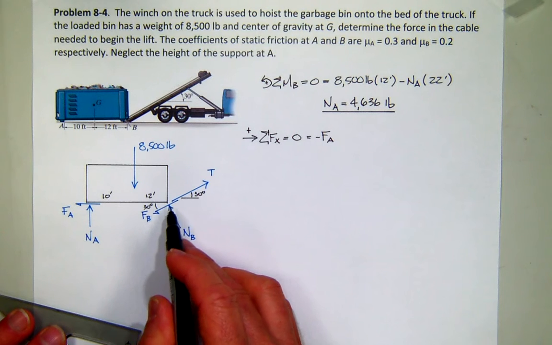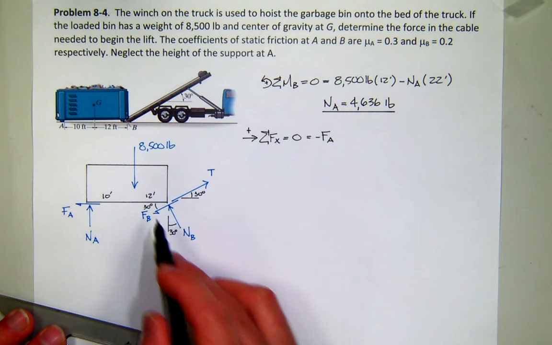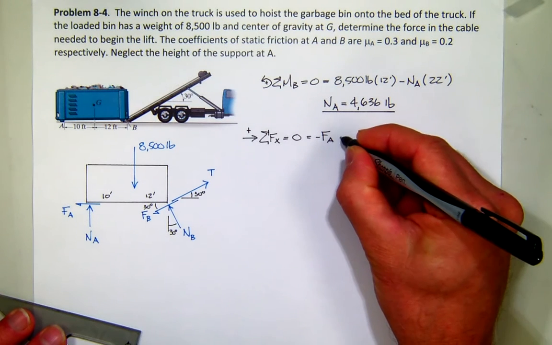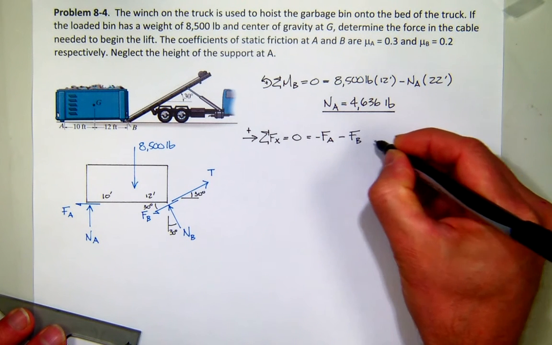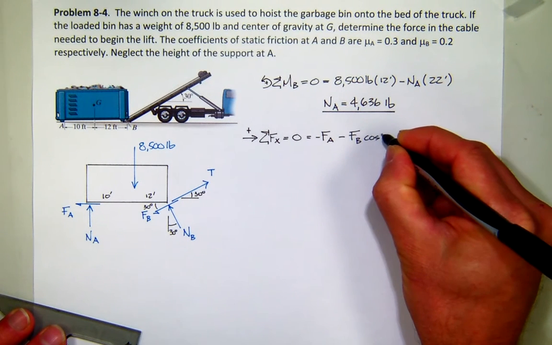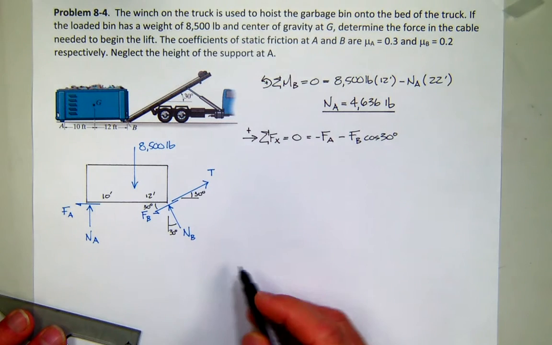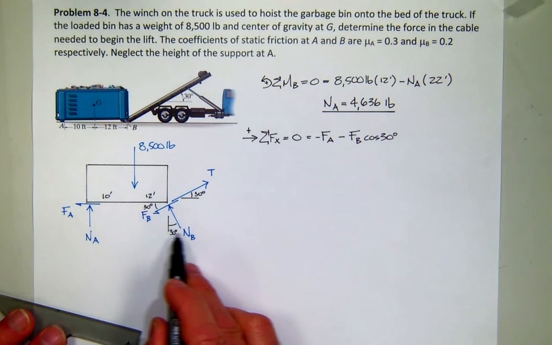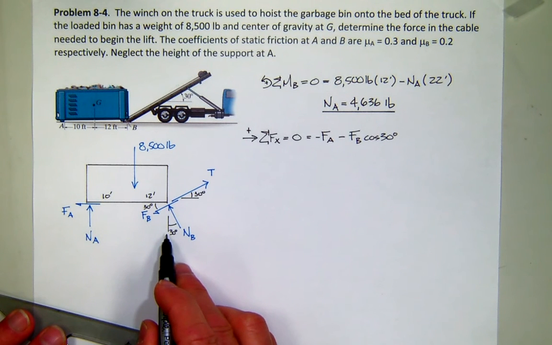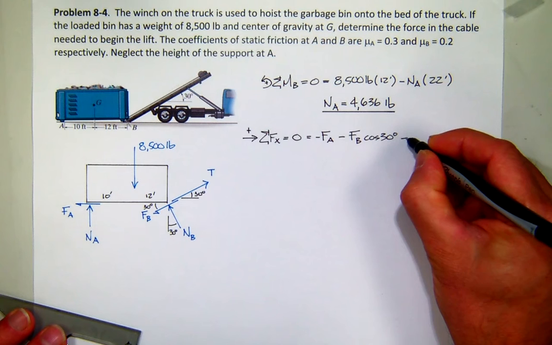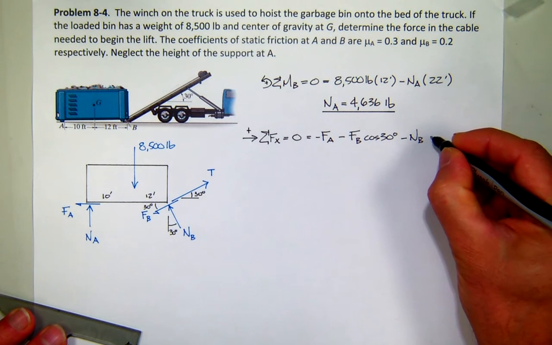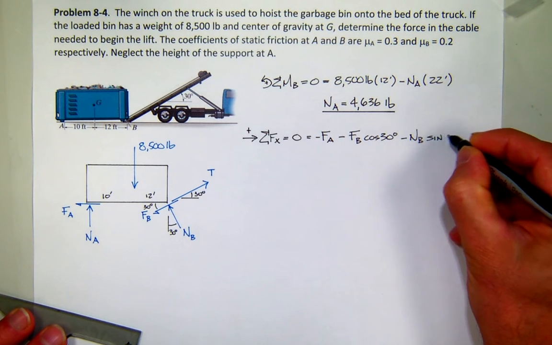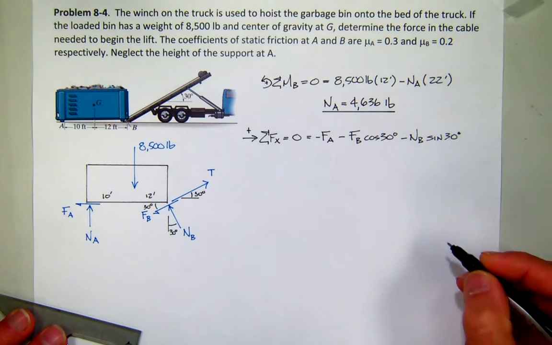I have the x component of the friction force at B also moving to the left. So that would be the friction force at B times the cosine of 30. I have the normal force at B also moving to the left, and that will be sine 30.